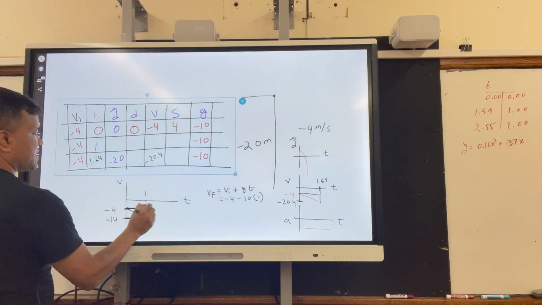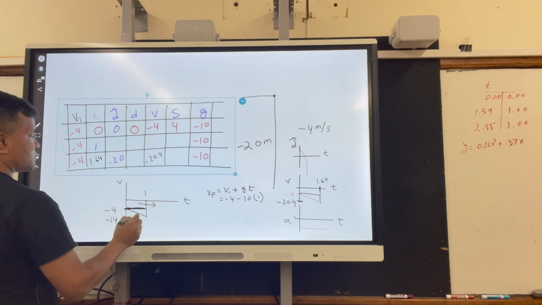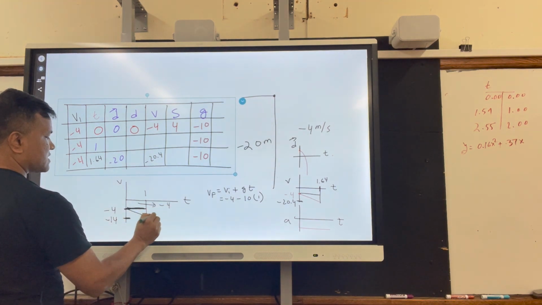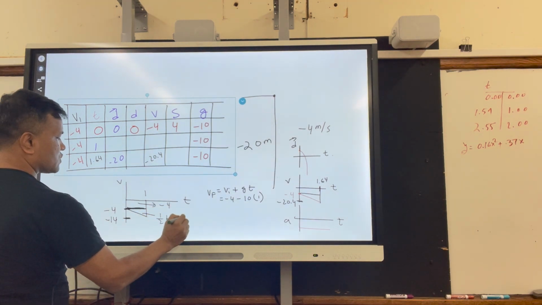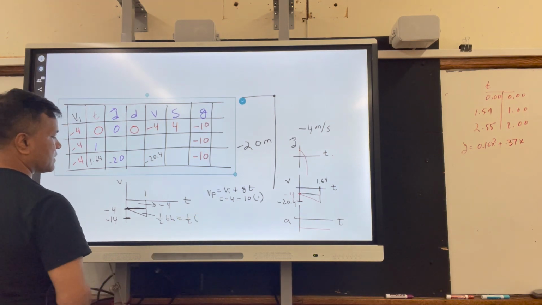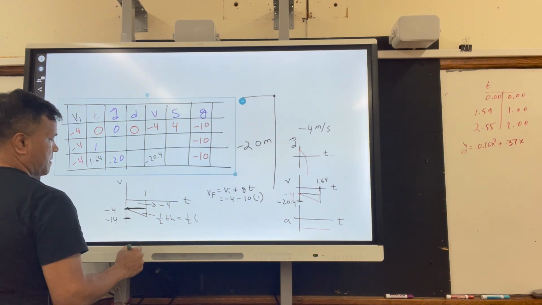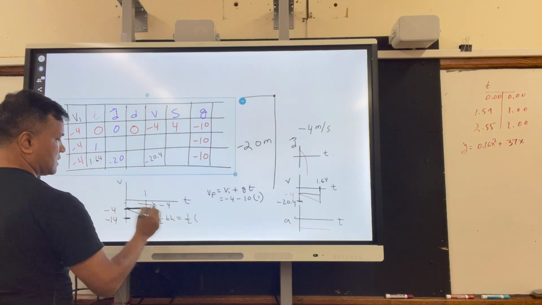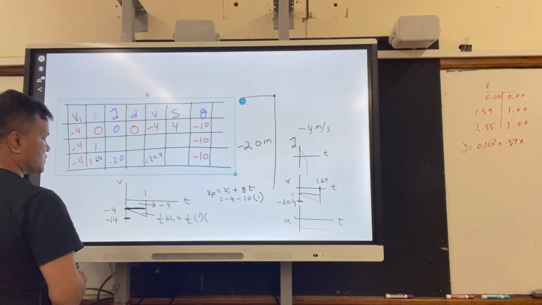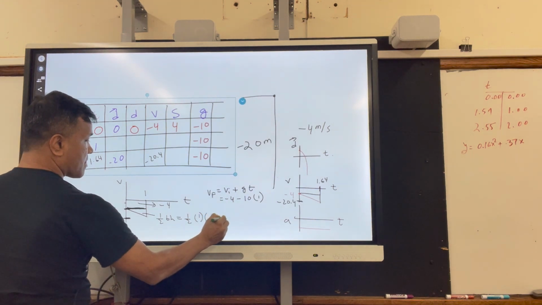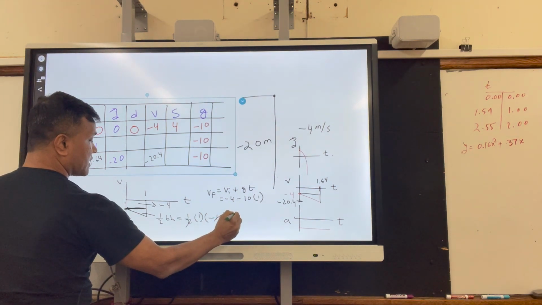Now for the displacement: -4 times 1 is -4. This is half g t squared. So half, negative, the time is 1, and g is -10. So -5.